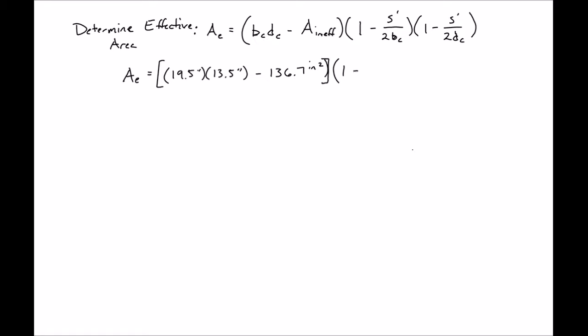1 minus our s prime, which is from inside to inside of our reinforcement, so we have 3.5 inches instead of 4 here, over 2 times 19.5, times 1 minus 3.5 over 2 times 13.5.